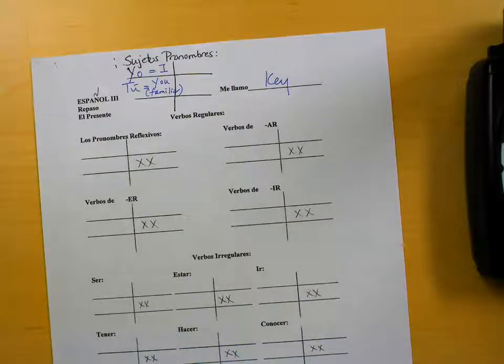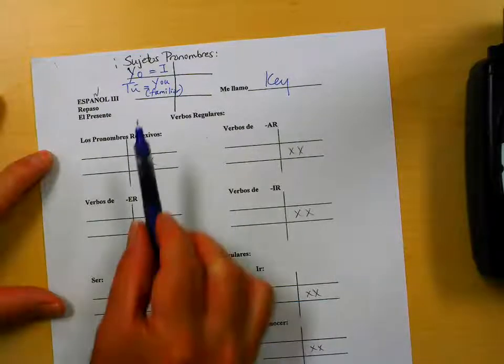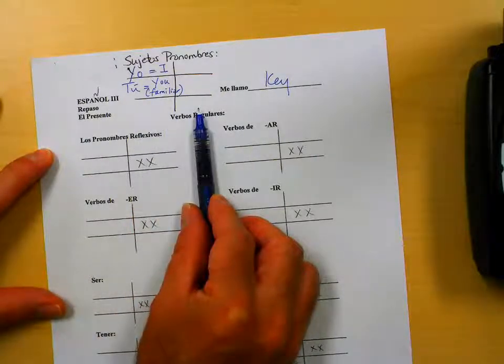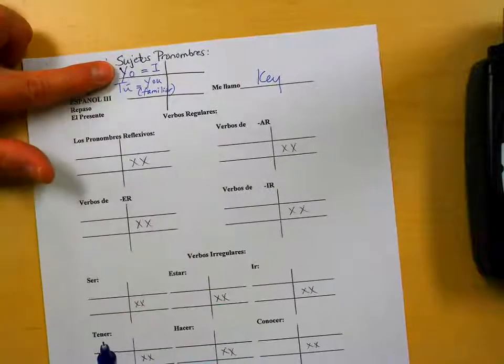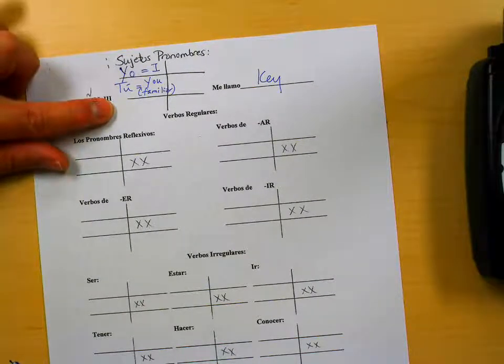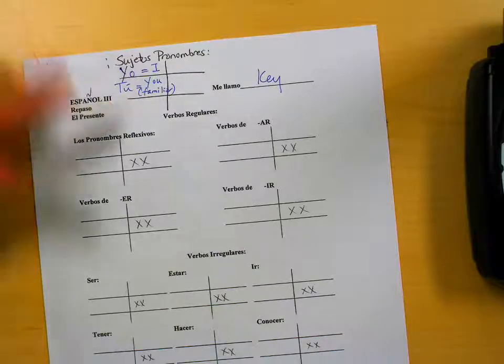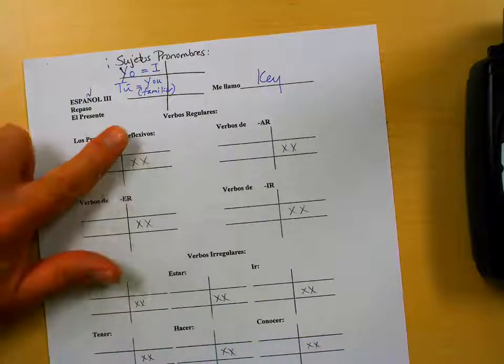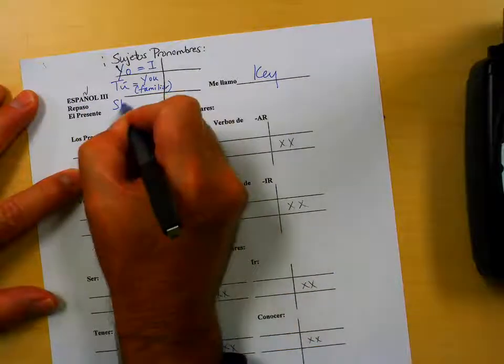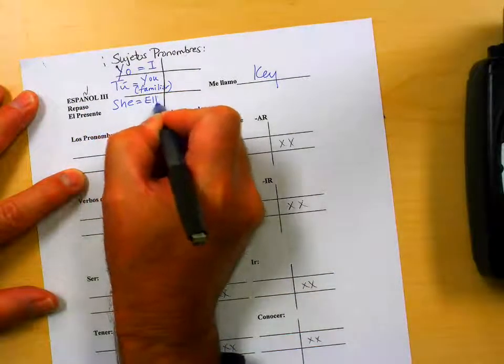Now down in the third person singular box, hopefully you realize that on the left side of the chart, those are our singulars, and on the right-hand side, those are our plurals, and then each row stands for first, second, and third person. Down in the third person singular box, we have three subjects. We have she, which is ella.